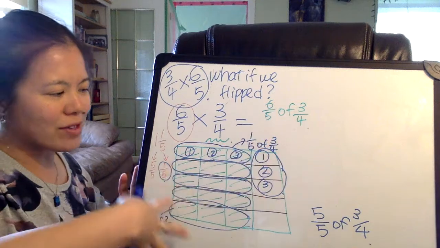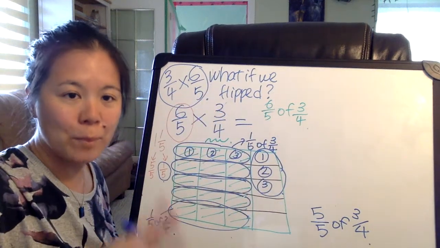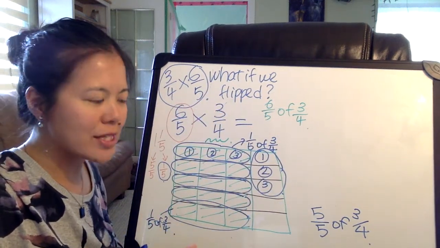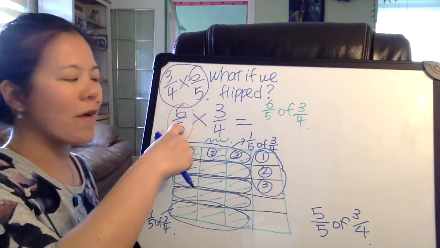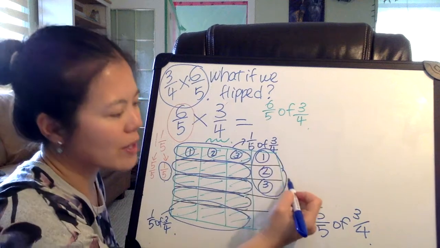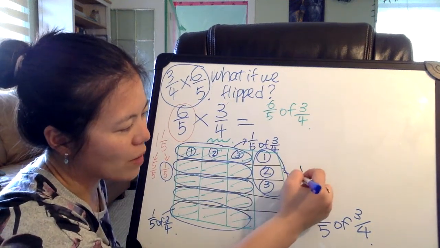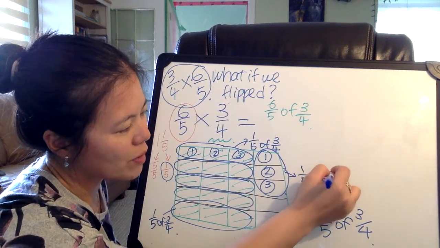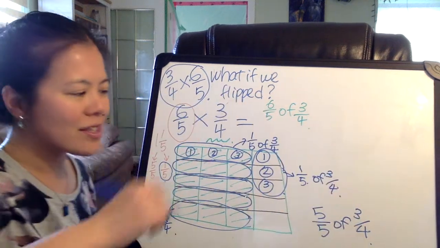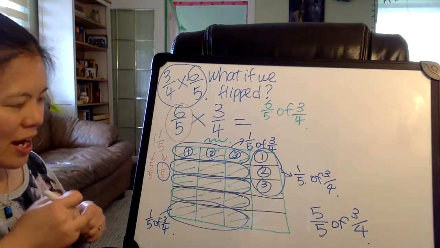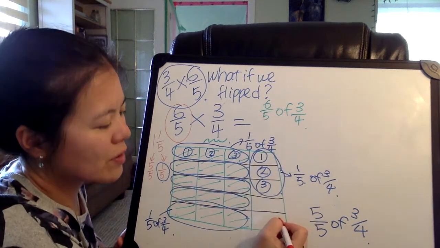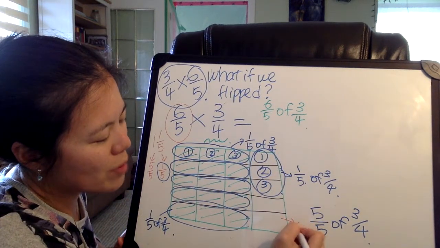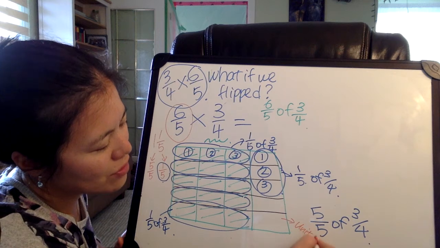So these parts that I circled in blue represent in total 6/5 of 3/4, because remember this is 1/5 of 3/4, right? So I'm going to count. First, I'm going to figure out what my unit fraction is, so I can figure out what my denominator is.